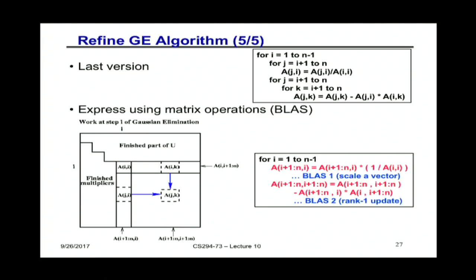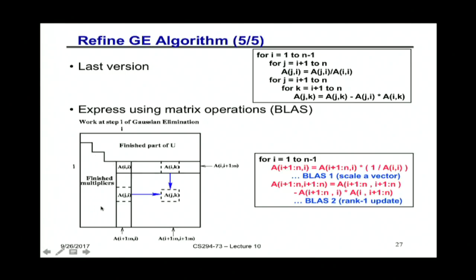And in terms of practical implementation, you can use lower-level matrix operations to support this higher-level Gauss elimination, LU factorization. This picture shows what operations are needed and what you can call from a good library. We can call this a BLAS library, okay? In the picture, we're looking at the ith column, and everything on the left is already finished.